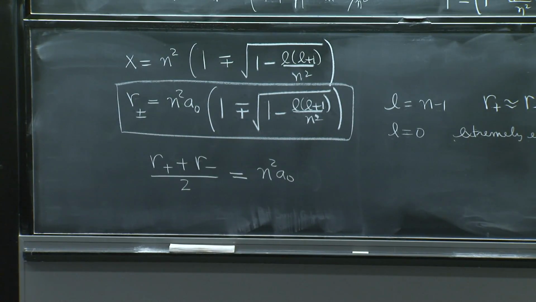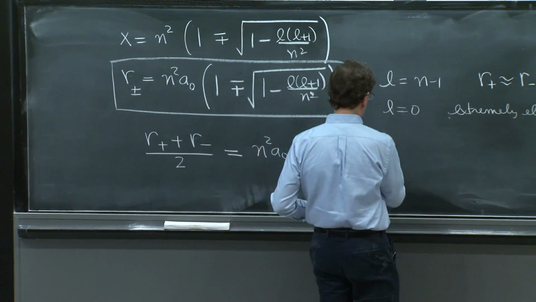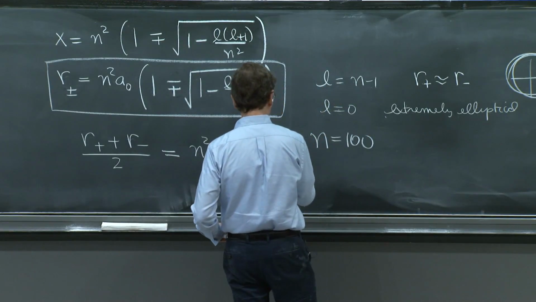So a typical Rydberg atom will have n equal 100. So this is an example.